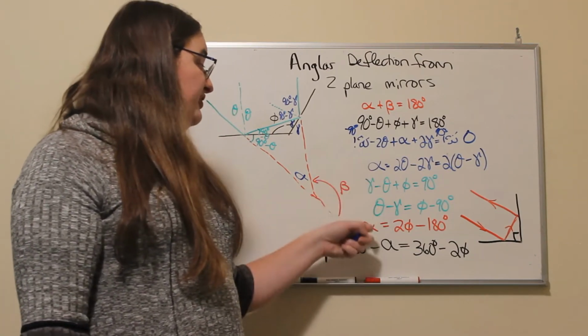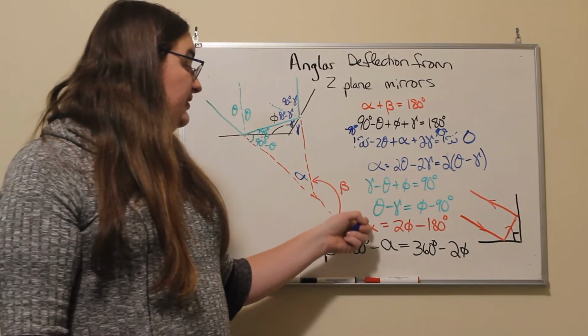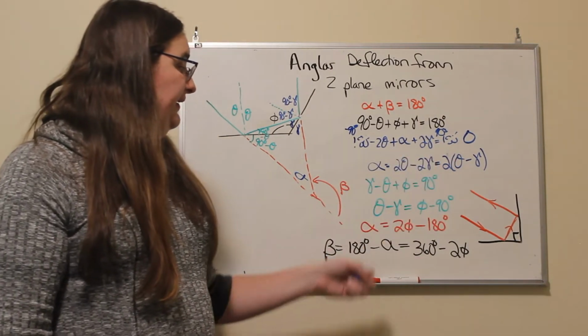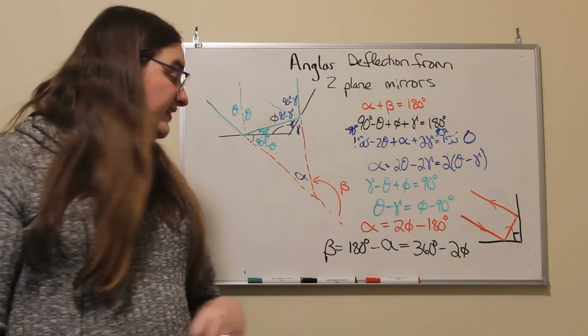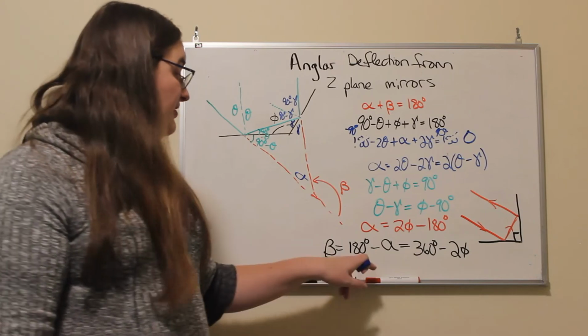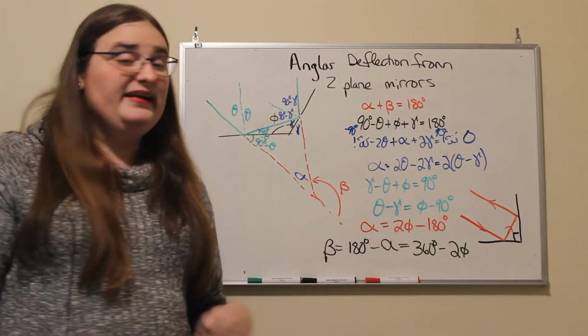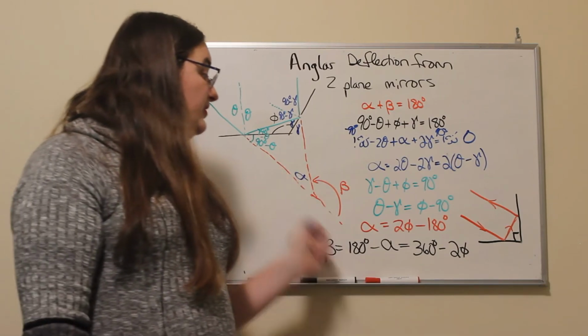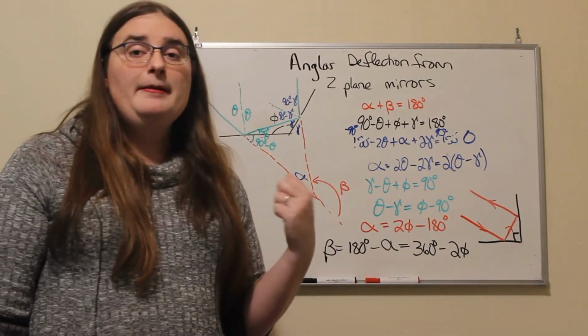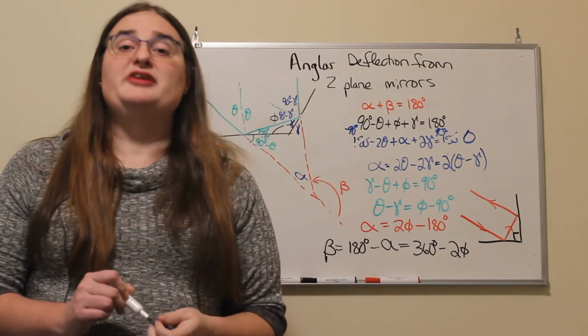So alpha is 2 times theta minus gamma. So alpha is going to be 2 times phi minus 180 degrees. And beta is 180 degrees minus alpha, 180 degrees minus negative 180 degrees gives me 360 degrees minus 2 times the angle phi between the two mirrors.